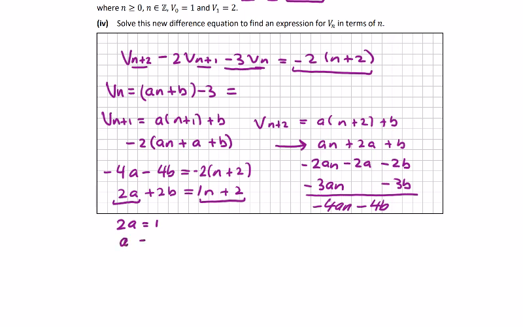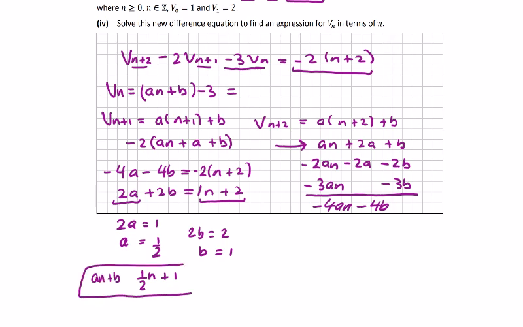So a is equal to a half. And 2b will be equal to 2. So b will be equal to 1. So this is my an plus b, half n plus 1.